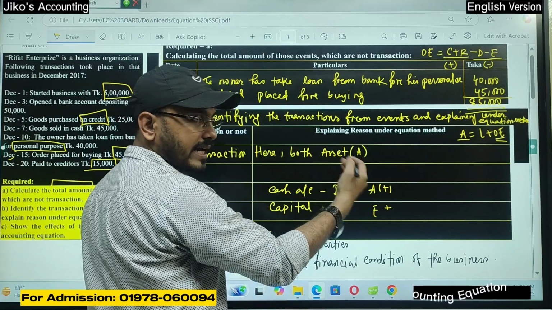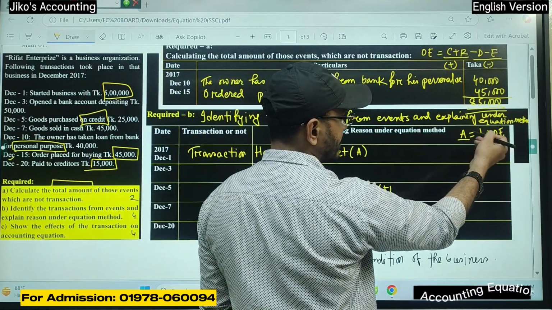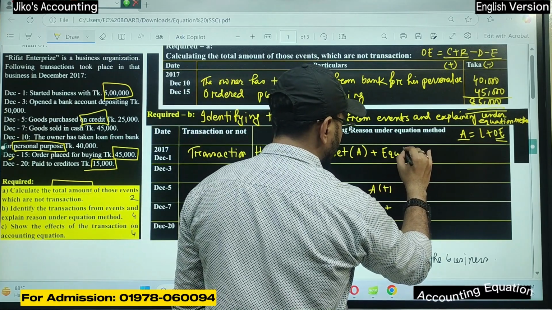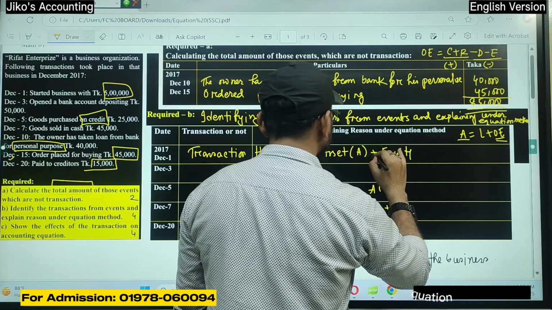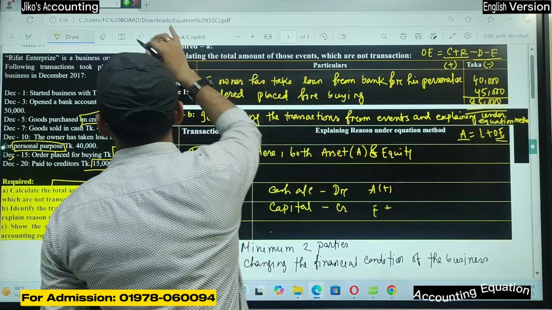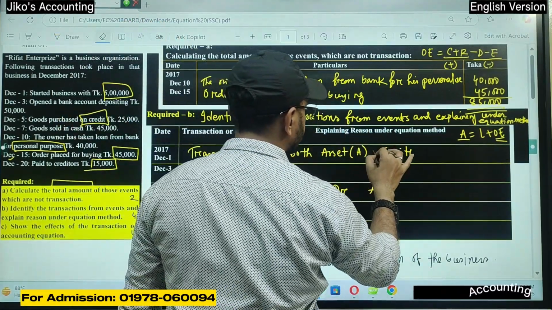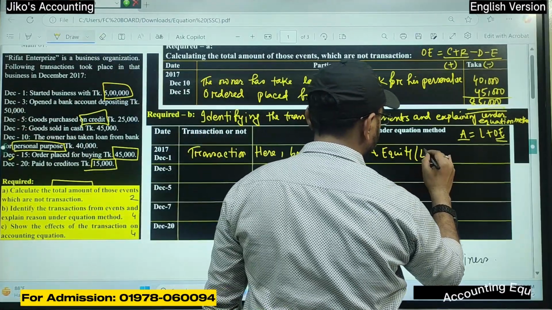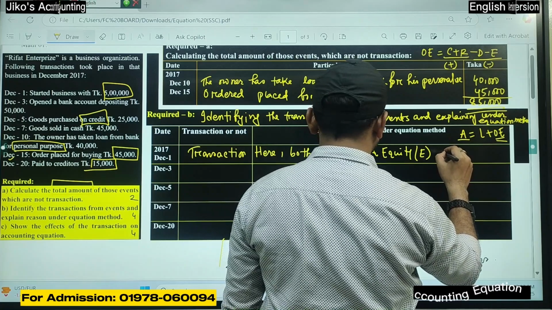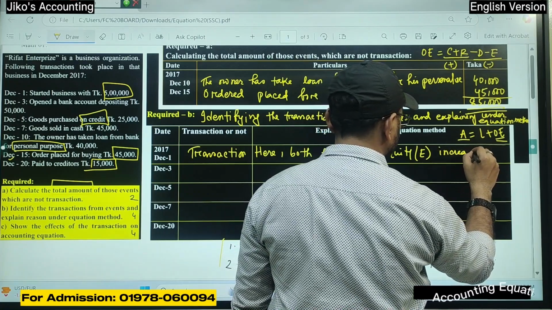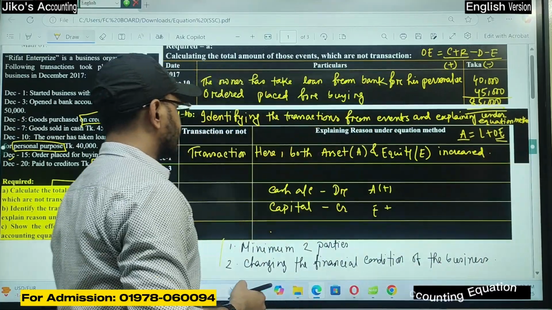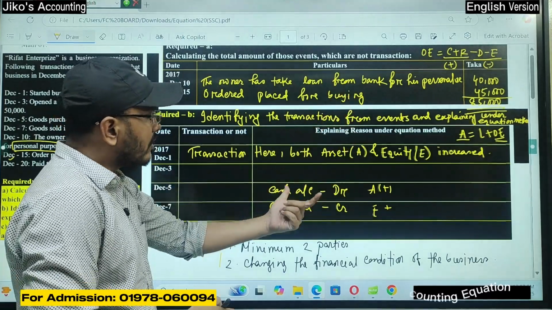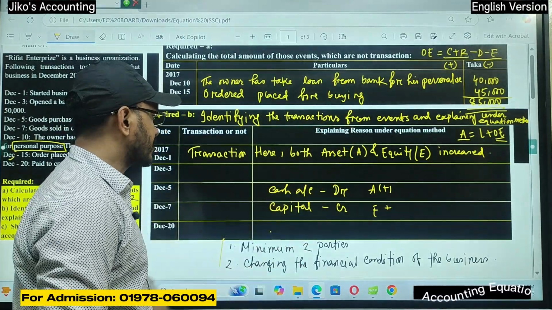Based on this accounting equation, A = L + OE, you have to write down asset and equity increased. Is it clear, sir? Because of this transaction, both asset and equity increased. How? I have already described it.